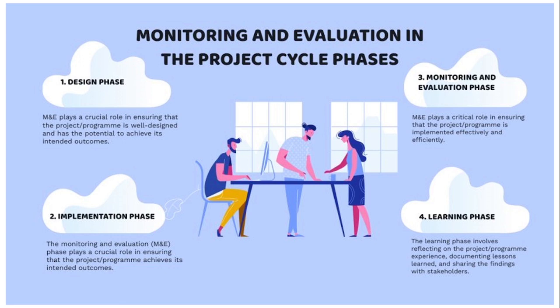So the data collected during evaluations helps to assess the effectiveness or impact of the project or programs, and it can help you to also identify the lessons learned, which you can transfer to other similar projects, or you can scale up your project based on the lessons learned or best practices identified after you've evaluated.